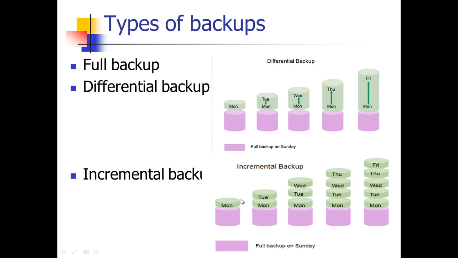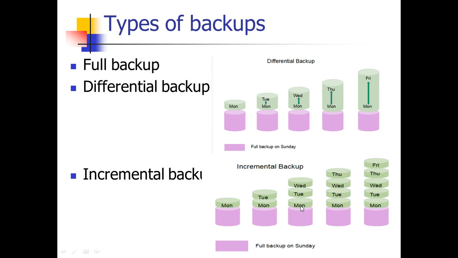Whereas in the case of incremental backup, we are still storing all the files which have changed, but all the files which are stored are independent of one another. On Monday we have taken the backup, on Tuesday we have taken the backup.